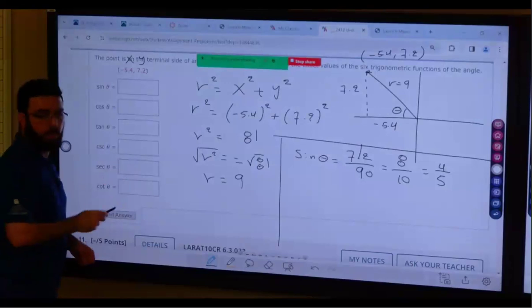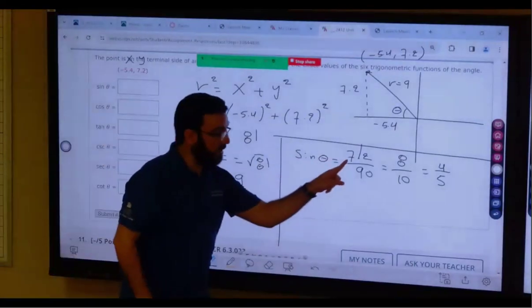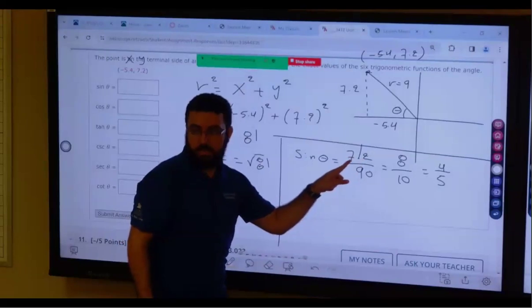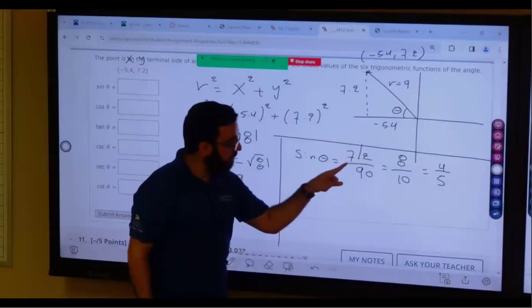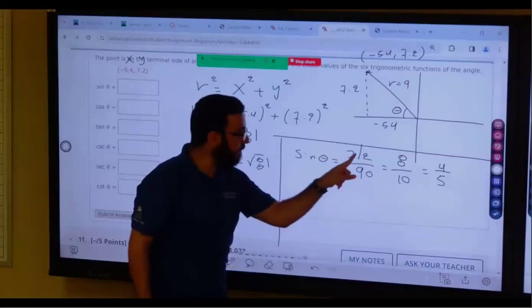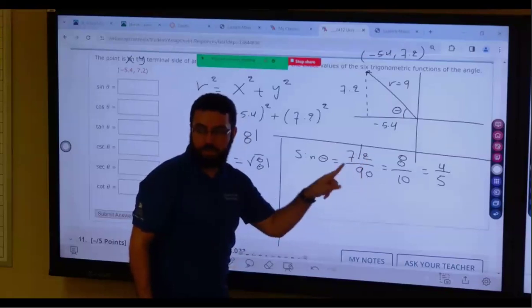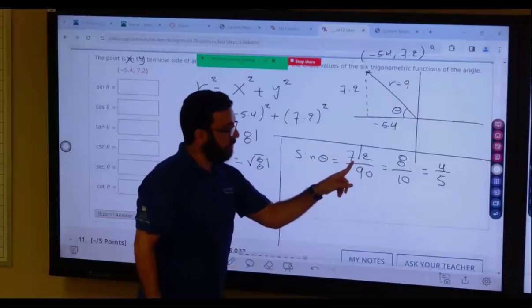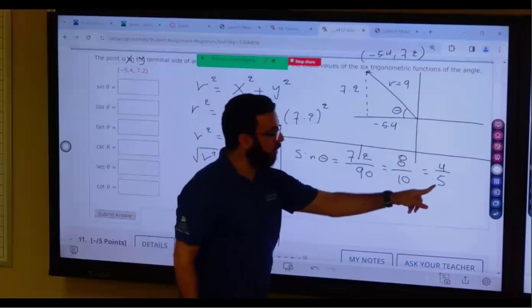Where did you get the 0? Because the decimal is 7.2, so I need to cancel the decimal and add 0. If you have 2 numbers after the decimal, you have to add 2 zeros. And then simplify. So 4 over 5.